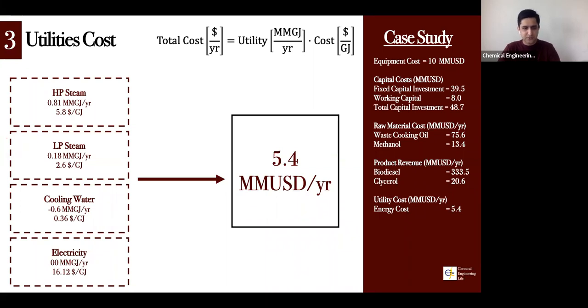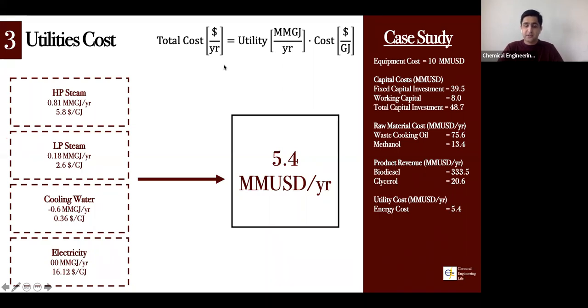For example, you can see here for electricity, typically we use watts, but since I found the price in gigajoules, I converted that into gigajoules. And then once you have your requirement, for example for high pressure steam, our requirement is 0.8 million gigajoules per year. You multiply that with your unit price, and you find the total cost per year.